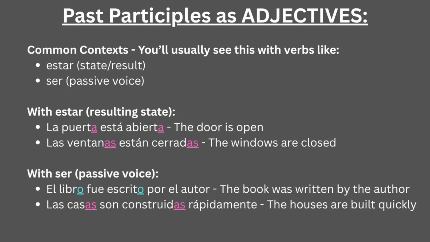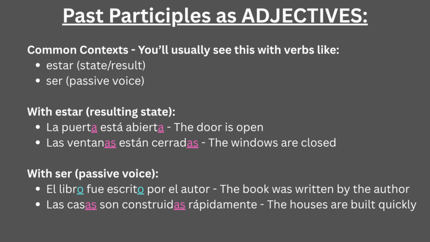Often, adjectives can be used with estar for resulting states and ser in the passive voice, like la puerta está abierta. Las ventanas están cerradas. El libro fue escrito por el autor.